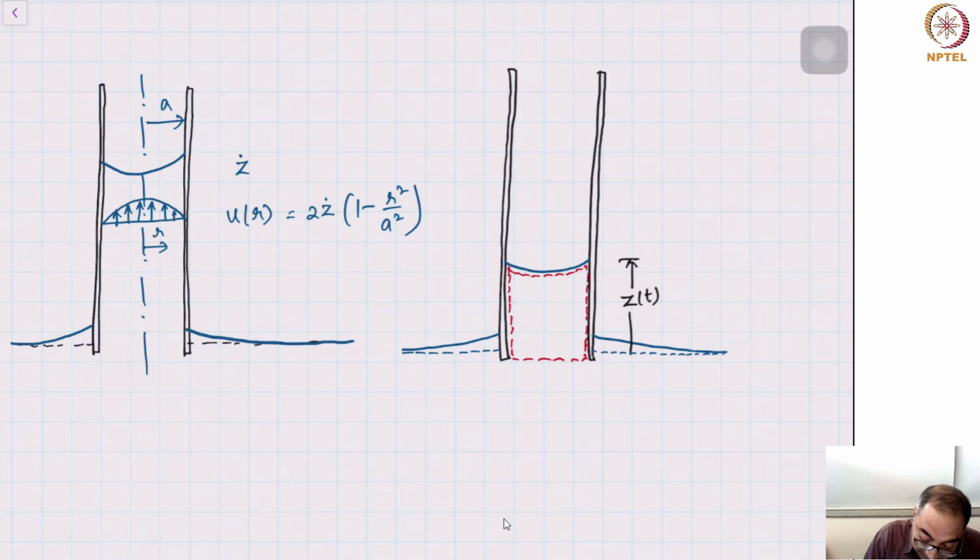So I can say z dot is an average velocity, which we'll call v.